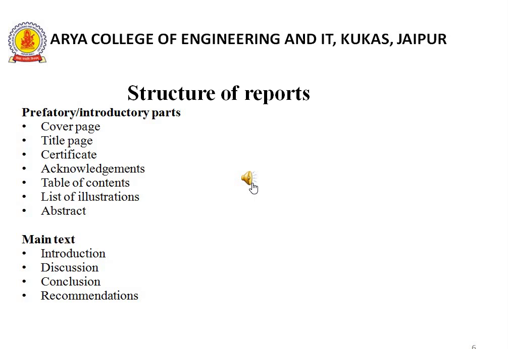The second part is the main text, and that is the main body of the report. It includes a detailed introduction, discussion, conclusion, and recommendation. Then it proceeds to the supplementary part.